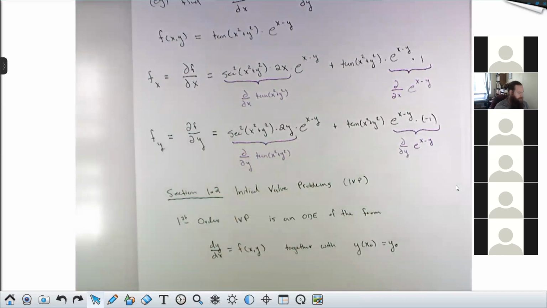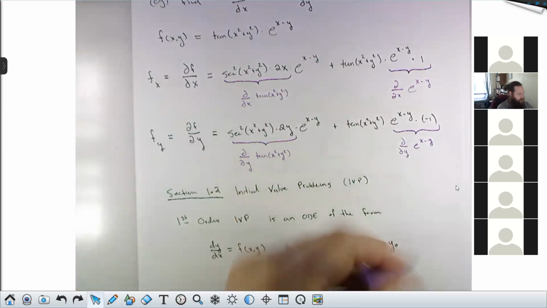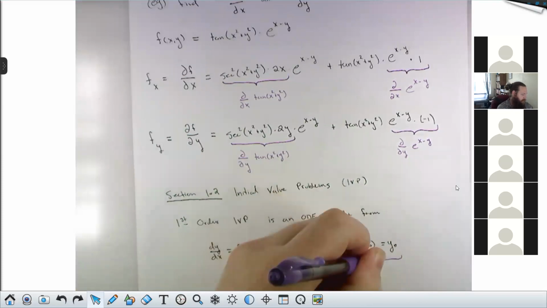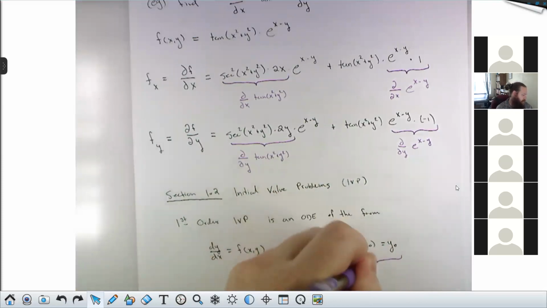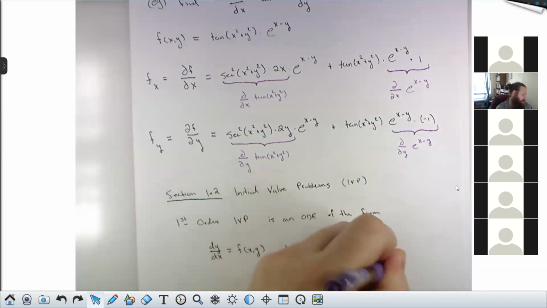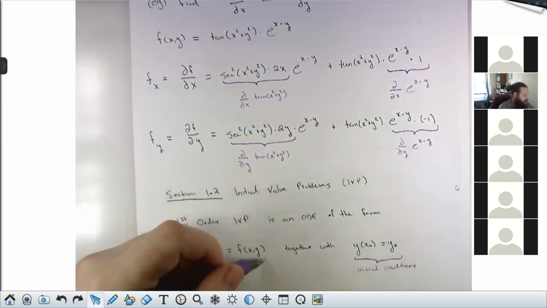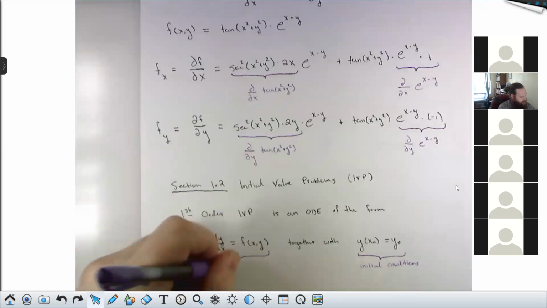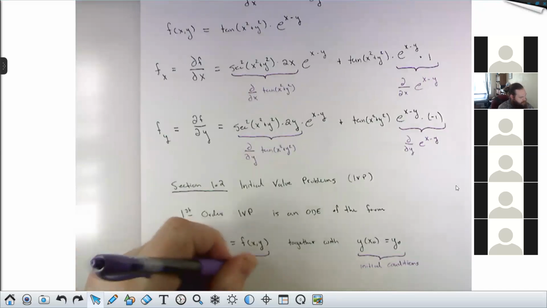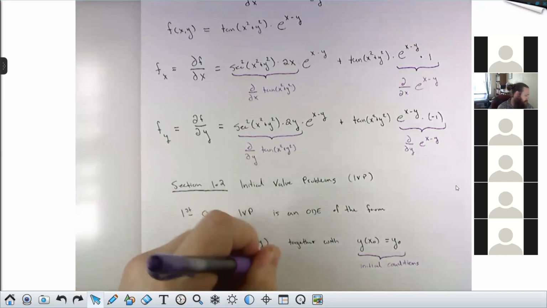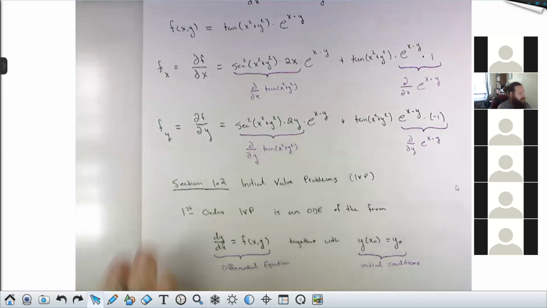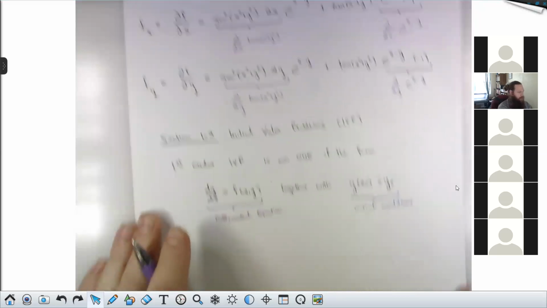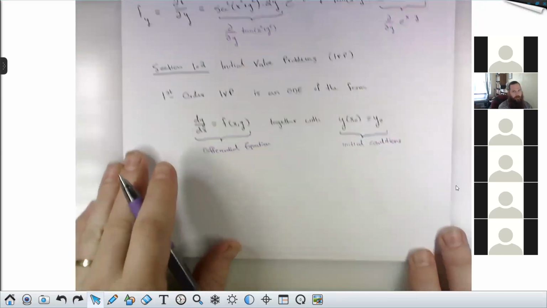So this is the differential equation, and these are called the initial conditions. We're going to be focused primarily on first order IVPs.